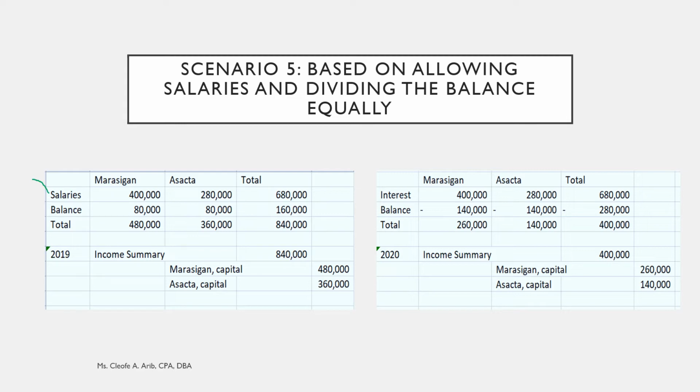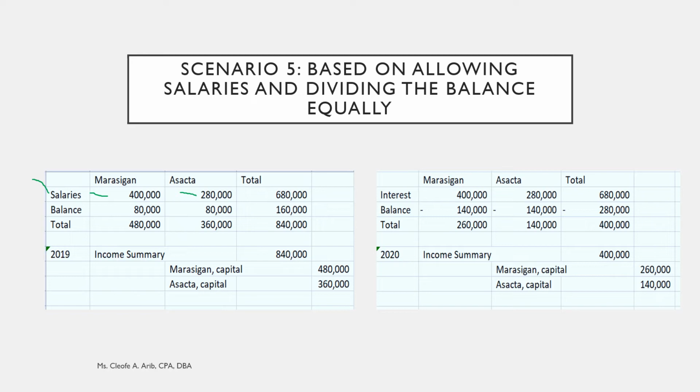And then you just follow whatever salaries amount na pinrovide nila for each of the partners. Again, you go to your book, hanapin nyo yung problem na to, and then you will see there under scenario number 5, na pinagkasunduan ng mga partners that they will give 400,000 and 200,000 as salaries allowance to Marasigan and Asakta.